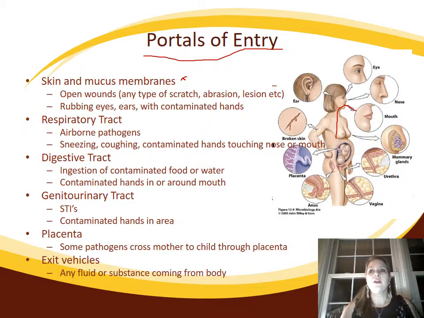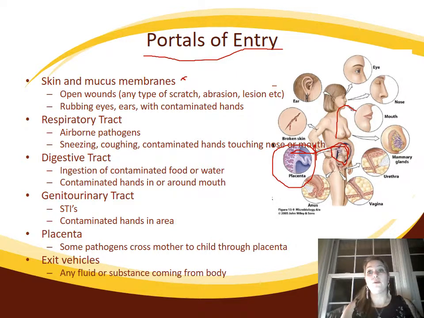One that's not generally spoken about as much is placental. Okay, so there are some diseases that are capable of crossing that placental barrier and making it into little dude bro here.